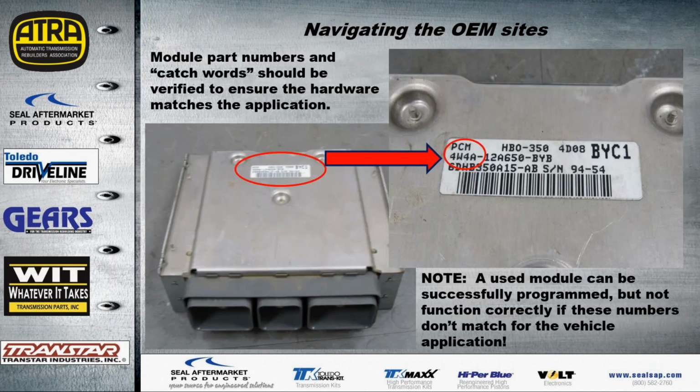Again, we're going to want to use mode 9 in our OBD2 generic mode on our scan tool to see what level of software we have in our module. So again, if we see the catchwords over on the right-hand side, this 4-character code, and if the catchword does not match, as well as the part number, then we've got a problem.